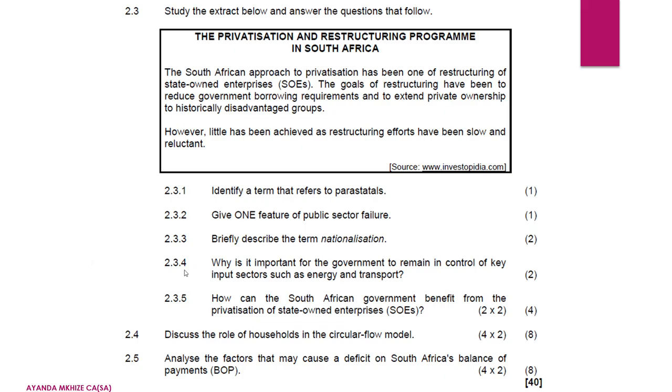2.3.4 Why is it important for the government to remain in control of key input sectors such as energy and transport? What is energy? Energy is things like your electricity, and the provider of energy is Eskom, and Eskom is a state-owned enterprise. That means government is still in control of the production of energy. And when we move to transport, we are looking at companies like Transnet.